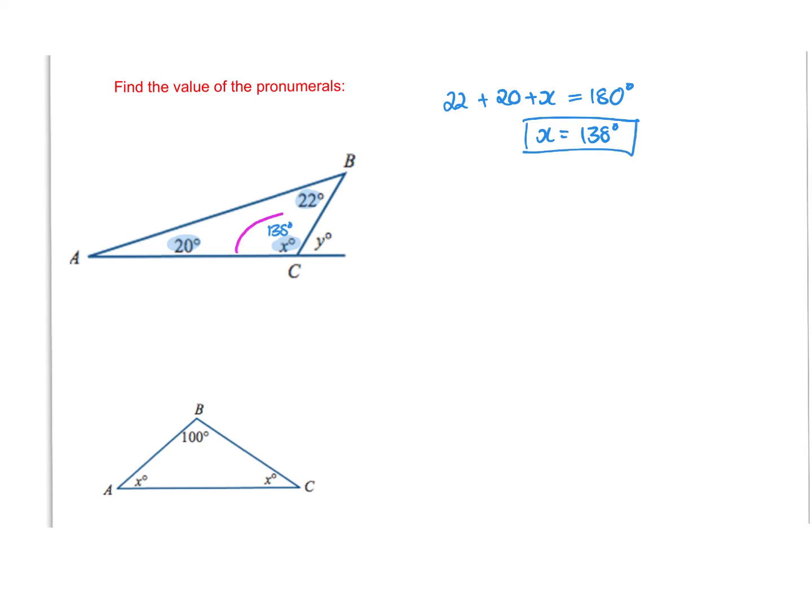Now we can see here we've got a straight line, haven't we? So we know that x plus y equals 180, but we knew x was 138. So we're going to say y equals 42 degrees. There is a rule to say this exterior angle is equal to the opposite two, but who cares? If you can see the straight line, just work it out that way. It doesn't make a difference.